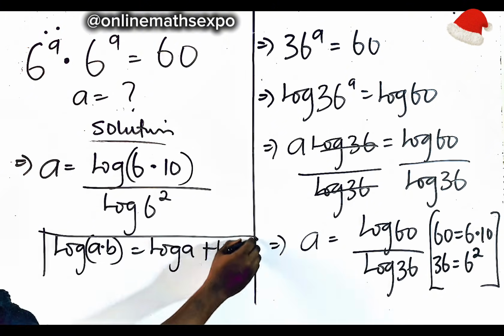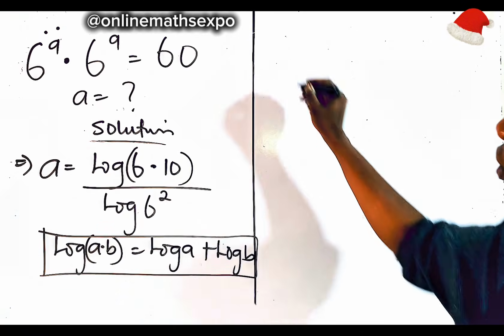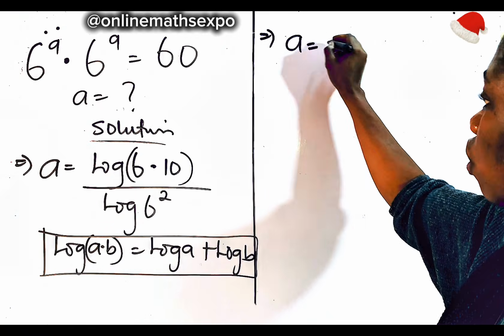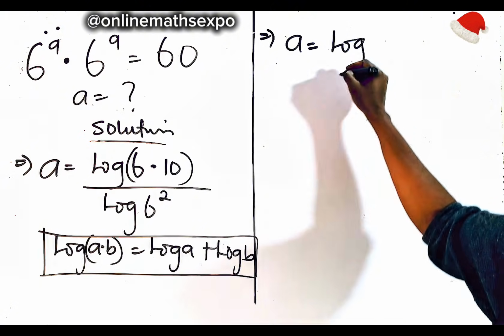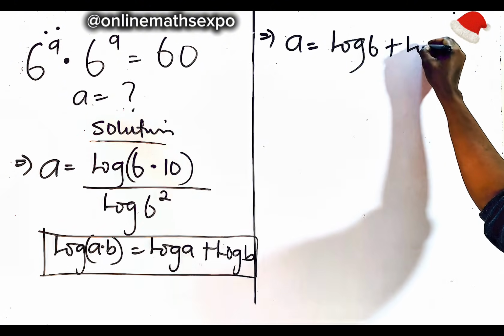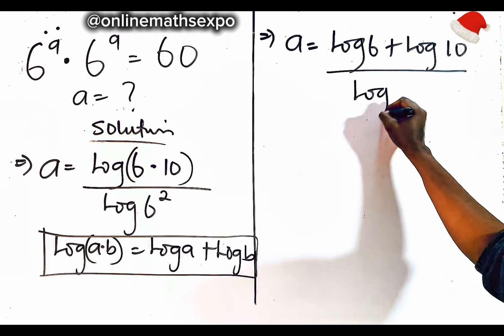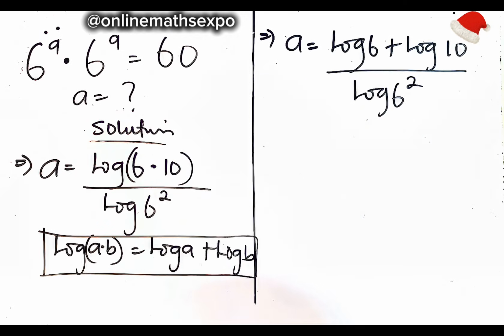So we're going to apply this rule on the numerator. So we now have a is equal to log of 6 plus log 10 is divided by log of 6 raised to power of 2.